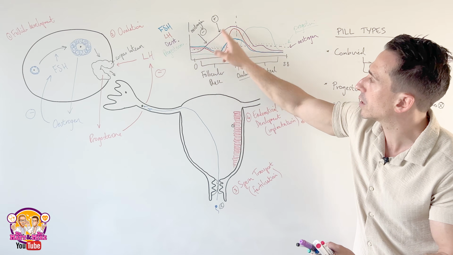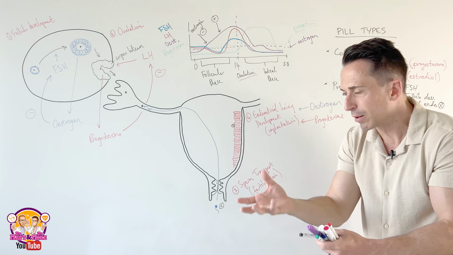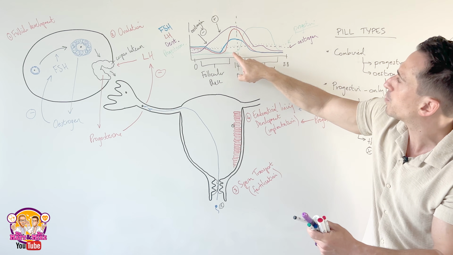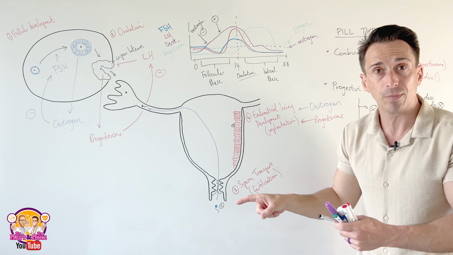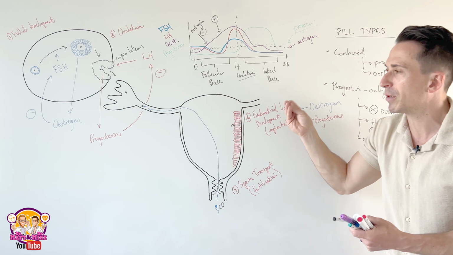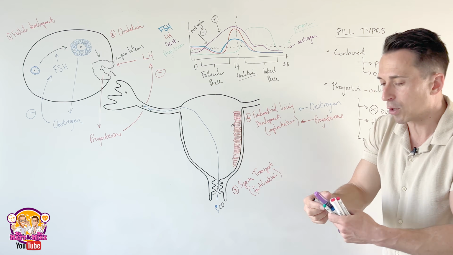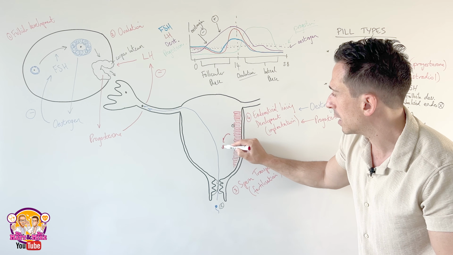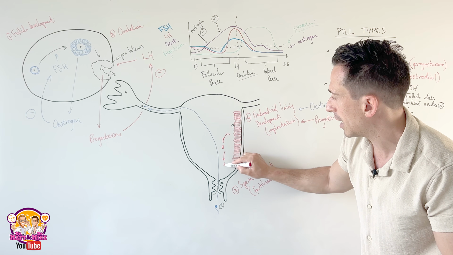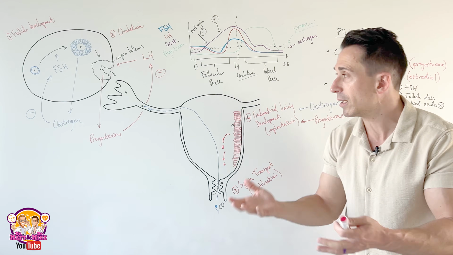Because as the estrogen levels go up in the follicular phase, it allows for the slow development, stabilizes that endometrium as it gets bigger. Then as progesterone goes up in the luteal phase, it matures the endometrium. But if you're on a progesterone only pill and you're trying to mature something that's not stable, well, you can get some of that tissue falling away. And while it's not a full period, it might be a little bit of tissue that's coming out and it leads to a bleeding, a small bleed or spotting or bleed breakthrough.